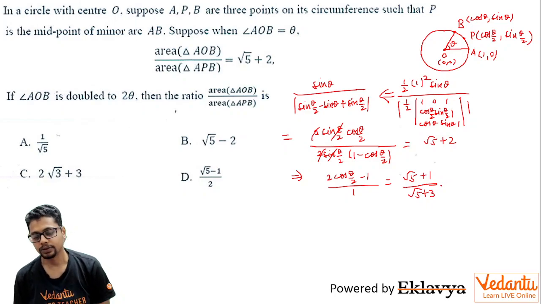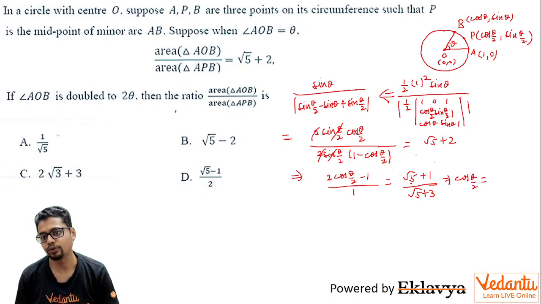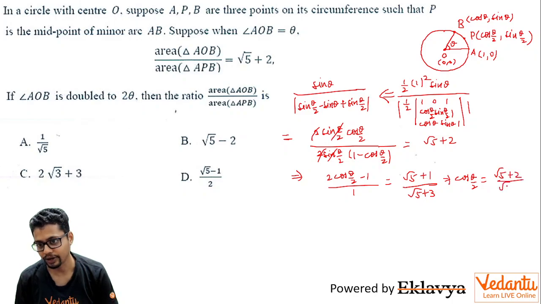Let's take this 1 on the other side and also divide by 2. So cos theta by 2 is equal to, as you take 1 to the other side, 2 root 5 plus 4, which when cancelled with 2 here, gives root 5 plus 2 divided by root 5 plus 3.